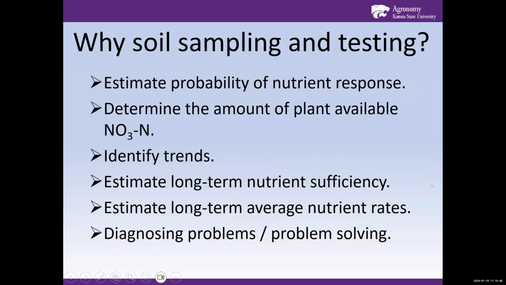All right, some reasons why we soil sample: to estimate the probability of nutrient response, determining the amount of plant available nutrients such as nitrogen in the soil, and identifying any trends, whether that be pH decreasing over time, phosphorus levels decreasing, etc. Then estimate your long-term nutrient sufficiency and long-term average nutrient rates you're applying, and also diagnose any problems.